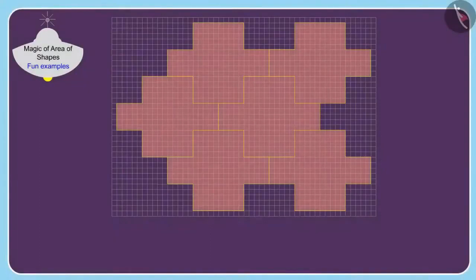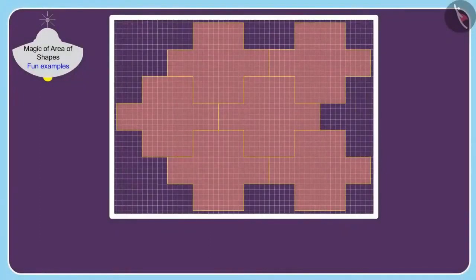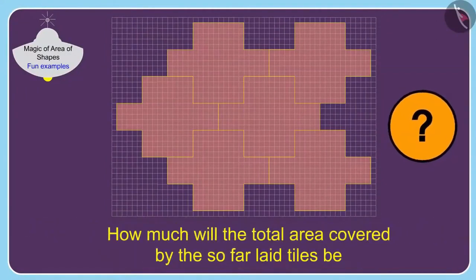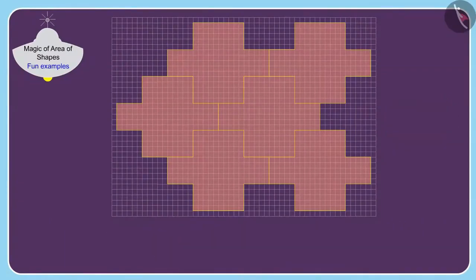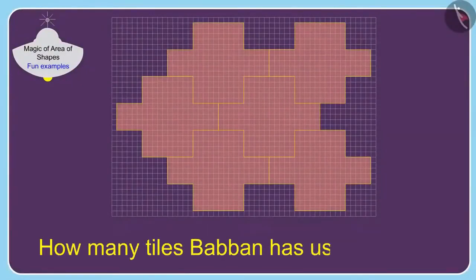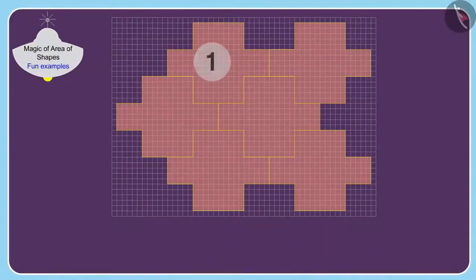If Babban has so far laid tiles in this way, can you tell us how much the total area covered by the so far laid tiles will be? To find the answer, let us first find out how many tiles Babban has used so far. Can you answer this, kids?